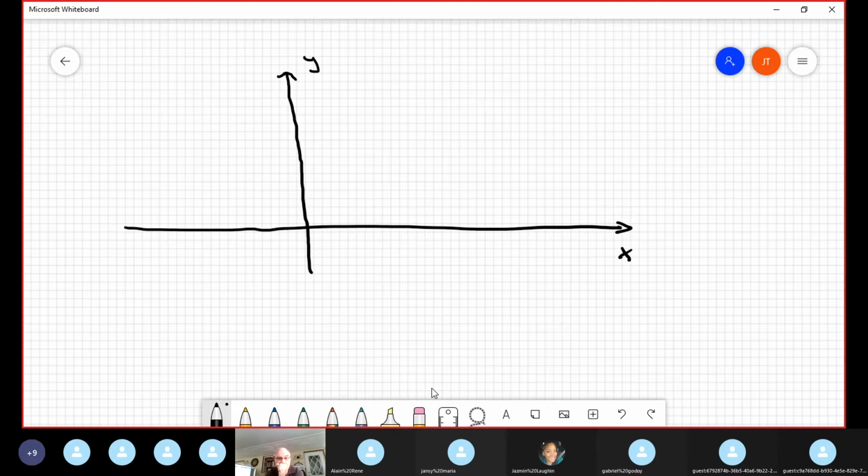For example, this is 0, this is 1, this is -1, this is 2, this is 3, this is 4, this is -2, this is -3. Suppose that we have that situation. We have a line here.